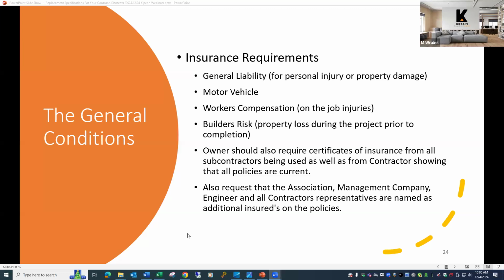And again, insurance requirements are in there. If somebody were to get hurt on site, what is in place for that? There should be insurance. Owners will require a certificate of insurance to make sure that the contractor is insured, and that their workers are adequately insured.